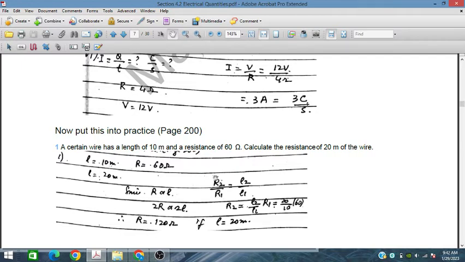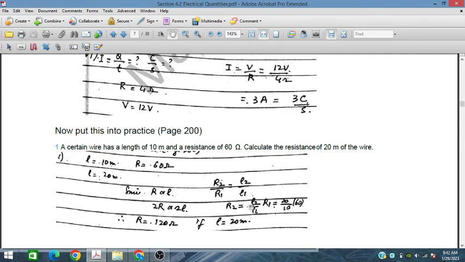So let's actually solve it. It says R is proportional to length. So if length is double, the resistance will be double. So R2 divided by R1 is equal to L2 divided by L1.